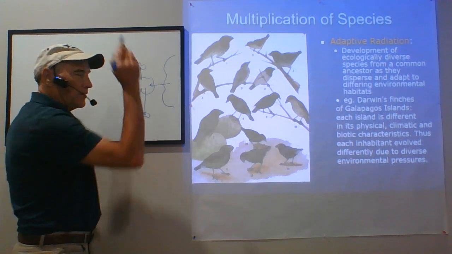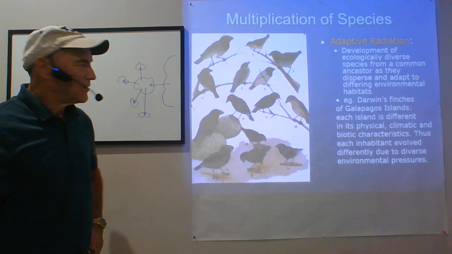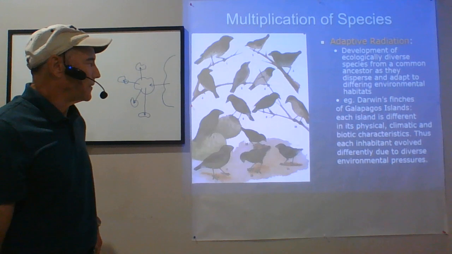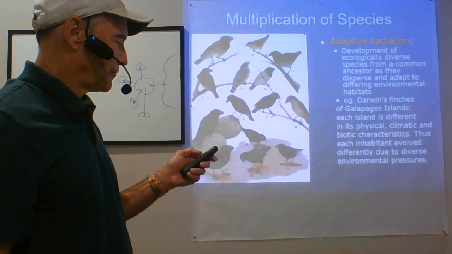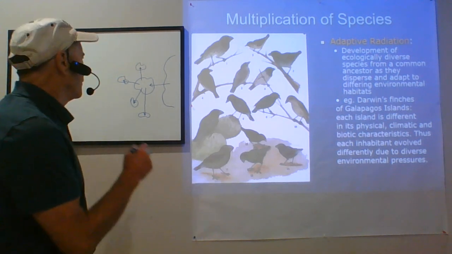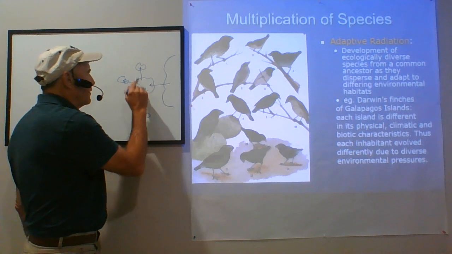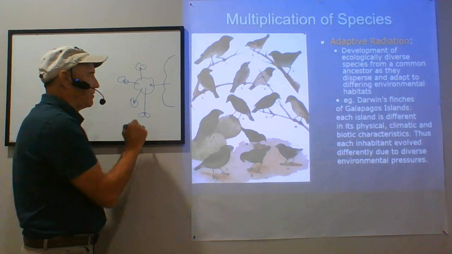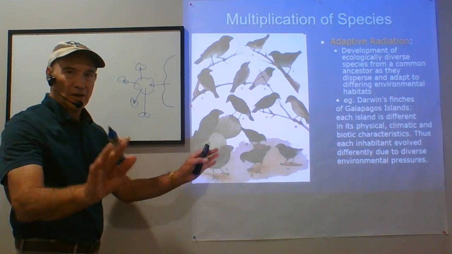Here, here, here, and here. Really simple design there. Okay, let's see what it says over here now. Adaptive radiation. So look at these birds migrated and then they radiated out, spread out, radiated to spread out.